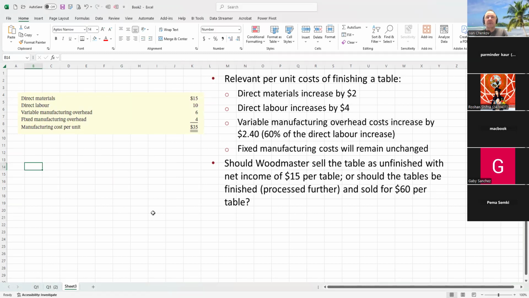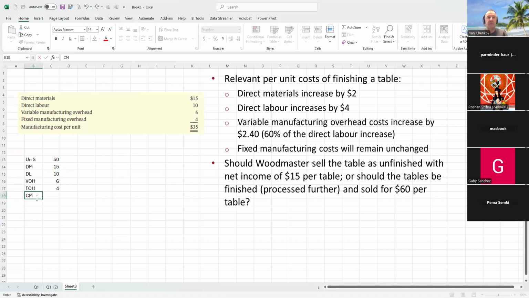Currently, what it costs us: direct material is $5. Direct labor, $10. Variable overhead, $6. And fixed overhead is $4. Sales price at this point, unfinished, is $50. So what are we generating?